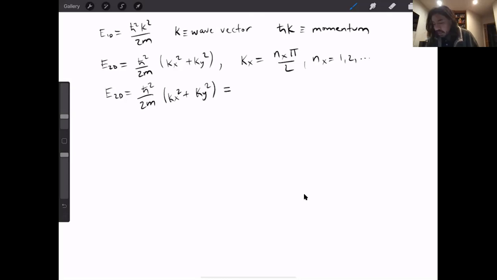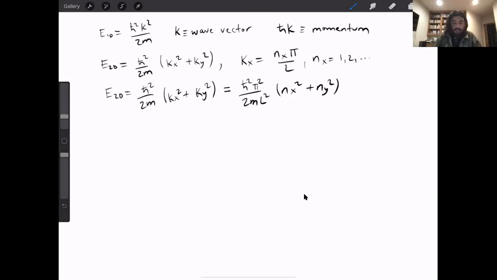If we don't want to talk about it in wave vector, we can describe it in terms of these quantum numbers nx squared plus ny squared. Questions there?